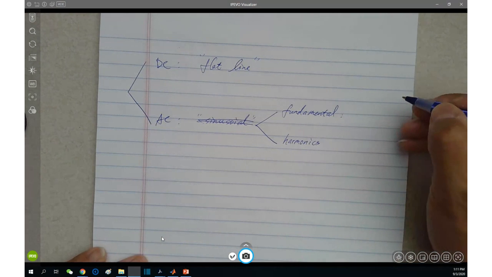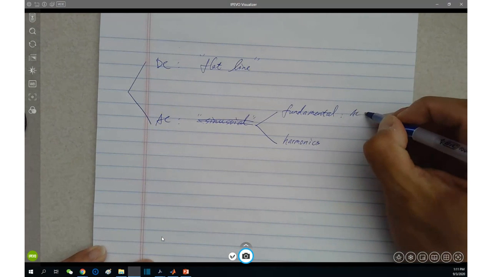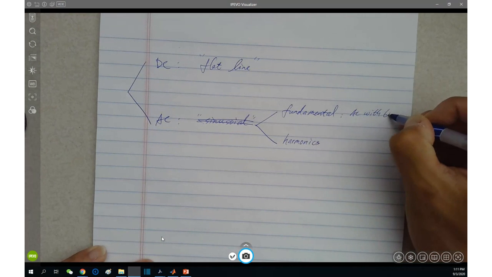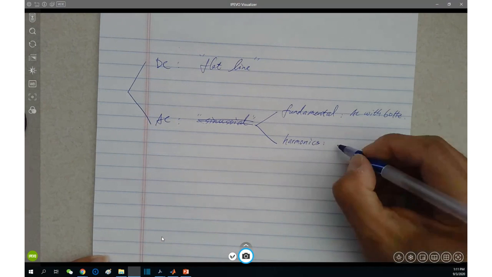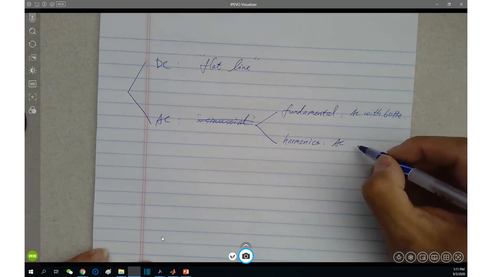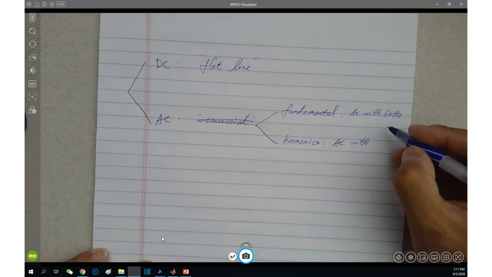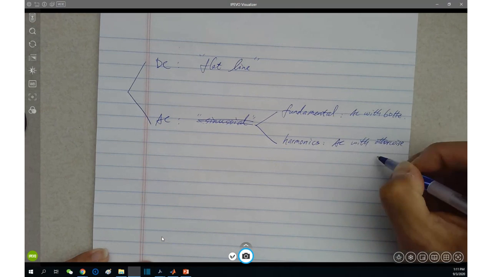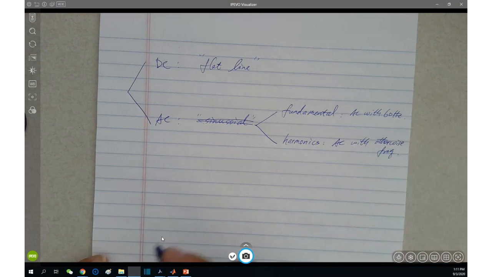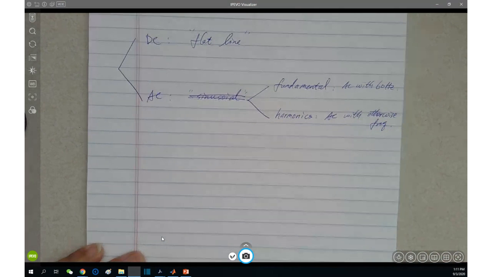Fundamental AC means the AC with 60 hertz as its frequency. That AC is called fundamental AC. Harmonics means the AC, also AC, with other frequencies. So this is called the harmonics.